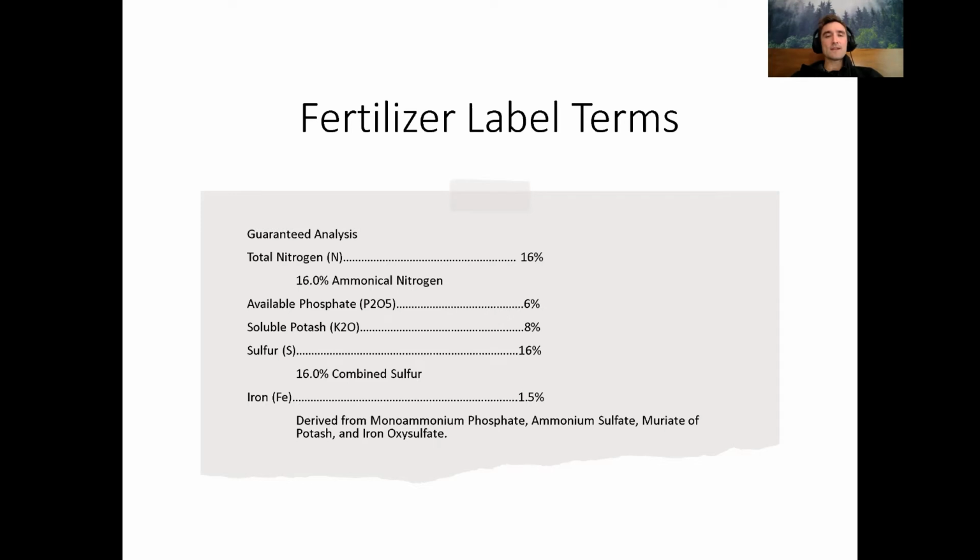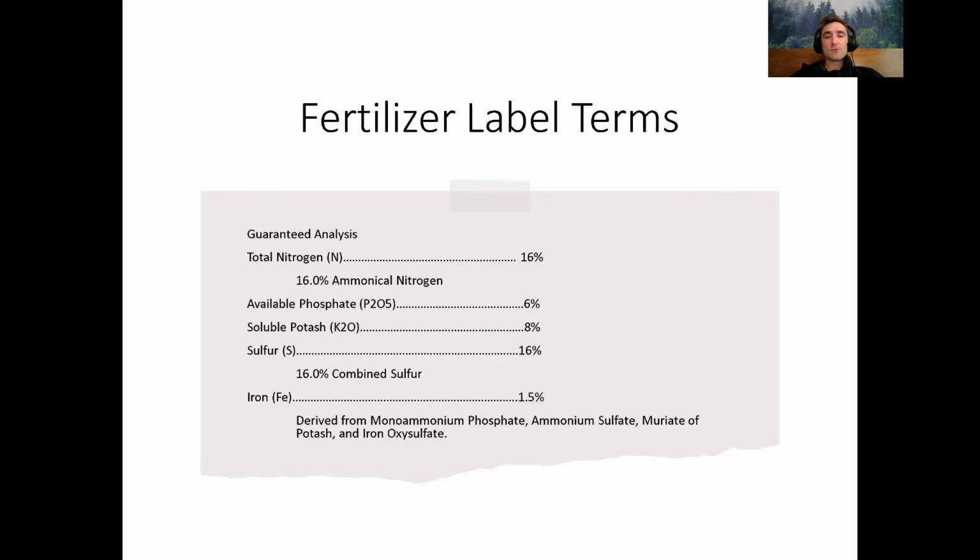This is for a 16-6-8, which is a very standard turf fertilizer, something you'd put on the grass that's not too strong. So you can see the guaranteed analysis breaks down the percentage of nitrogen, phosphate, and potash. It also explains what formulas those are in.